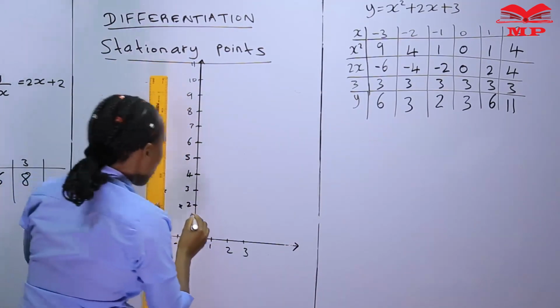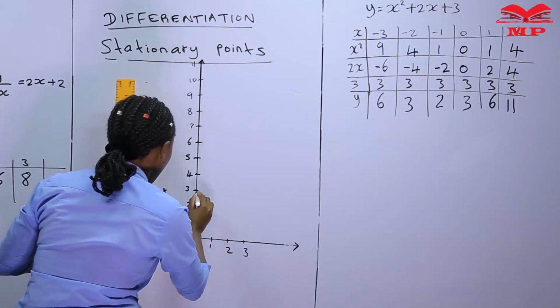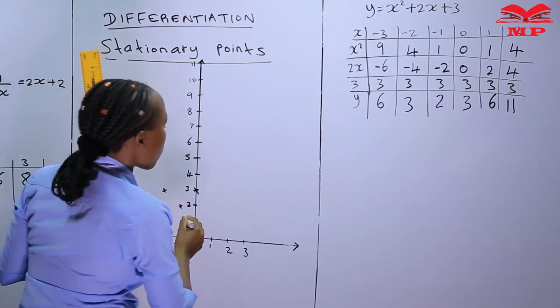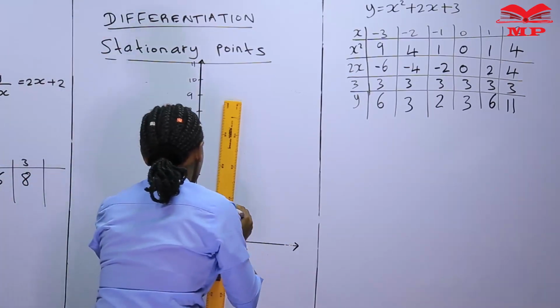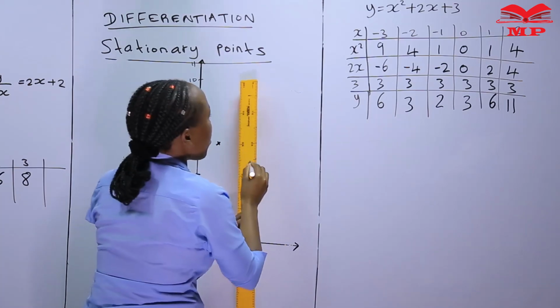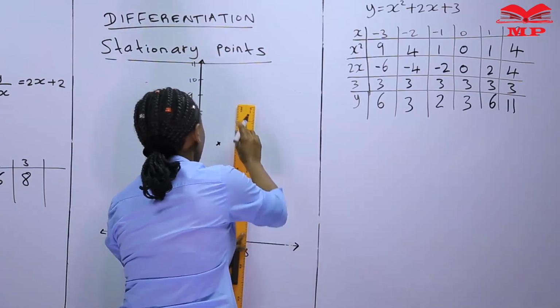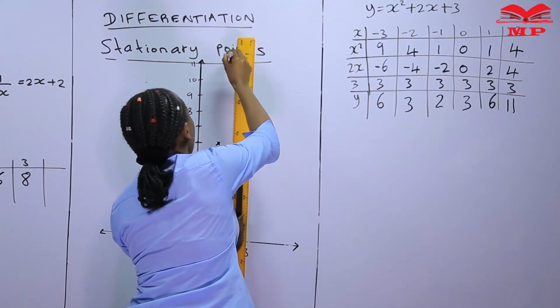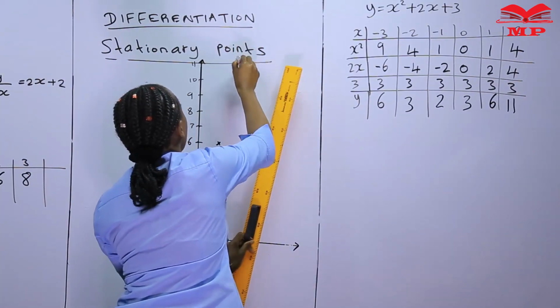Then we have 0, 3. Then we have 1, 6, which is here. Then we have 2, 11, and 11 is there.